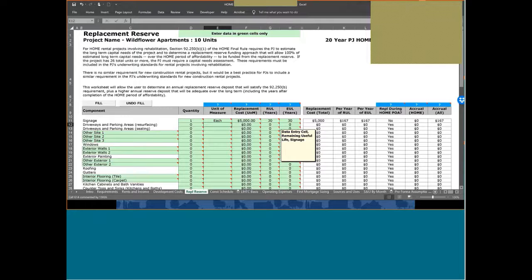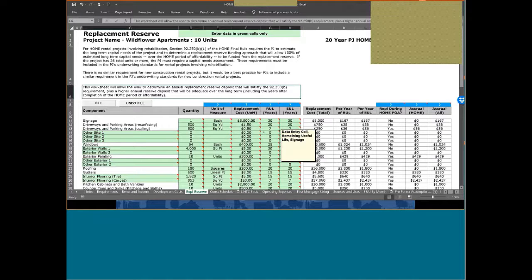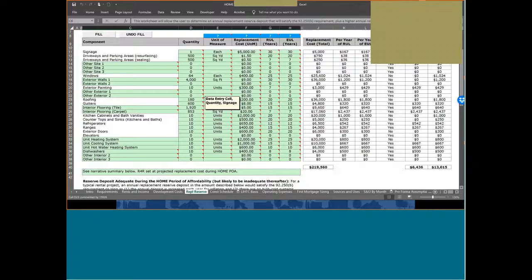So let's fill it in as if we were going to complete it. Now we've got inputs for all of these items. You could, as a PJ, ask developers for this sort of information and fill it in as you do your underwriting. But when we fill it in, there's a couple of interesting things to note.